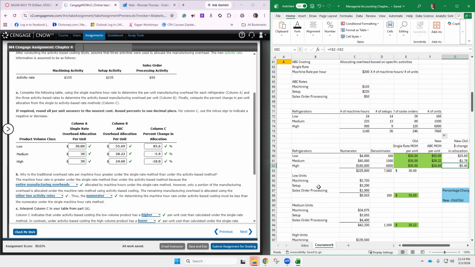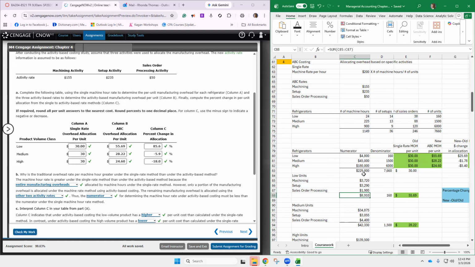Okay, so here comes low units. We've got 24 hours times $155 an hour instead of 200. So there still is a machining part. The setup is 14 setups times $235 each, and then 38 sales orders times 50.